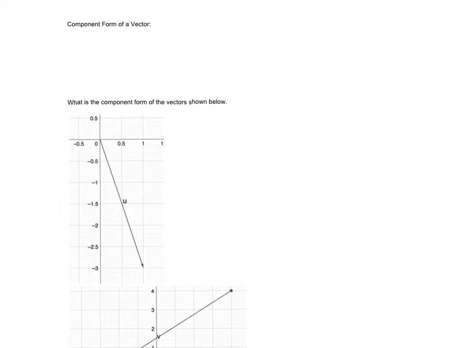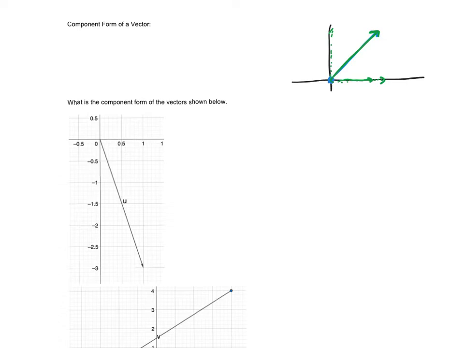Okay, if I look at a vector, let's say I have a vector, and let's say I start it at the origin, which most of our vectors like to start there. So sometimes we like to write this vector in what's called component form. Now component form, we're going to really just try to figure out how far this vector goes over and how far it goes up. Because to make this vector, you have to go over the x and up the y to get to this position here.